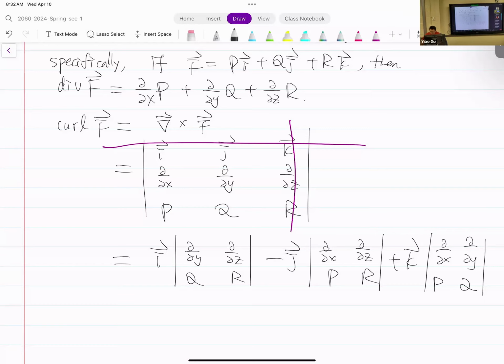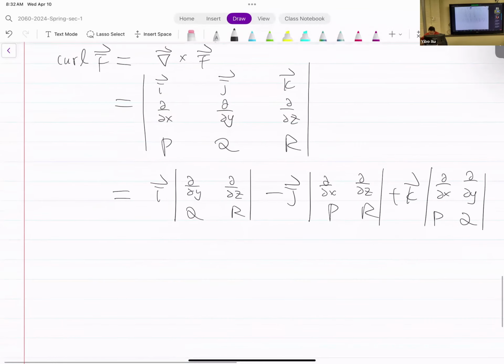Okay. And now we are able to explicitly write out these components. Although the first row are all differentiation operations, they are followed by a multivariate function. So on the diagonal, this is del y following R. That's just saying I'm doing the partial derivative with respect to y of R. And then for the off diagonal, this is Q and del z.